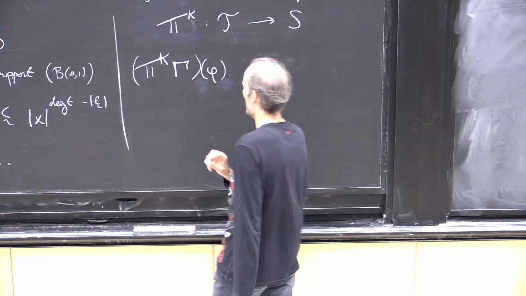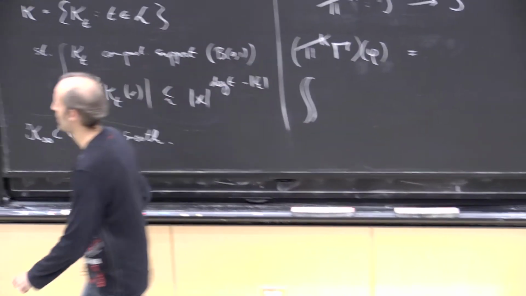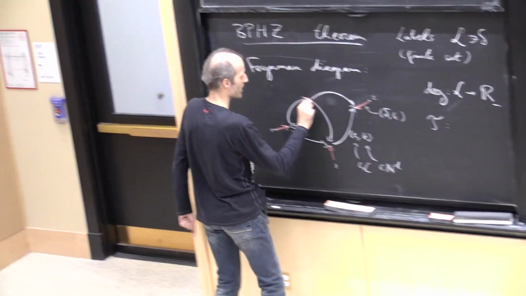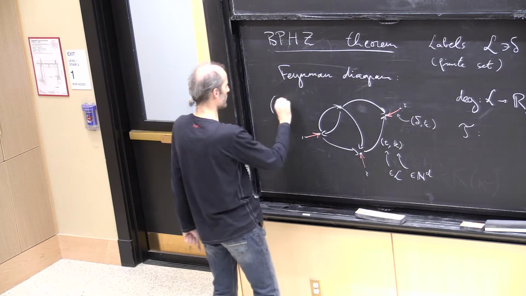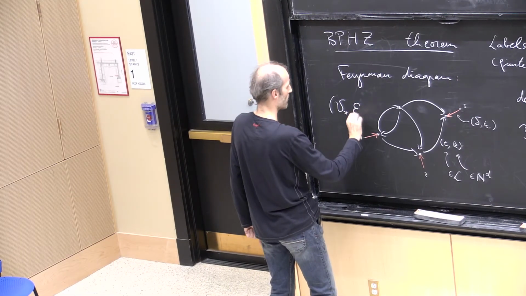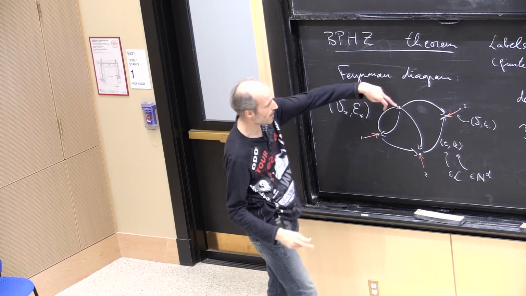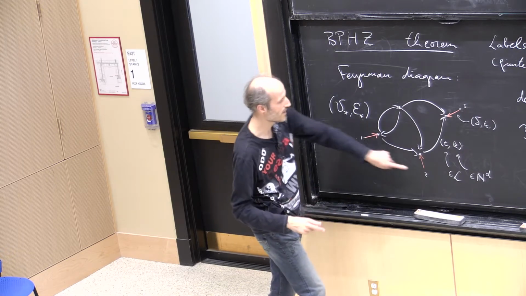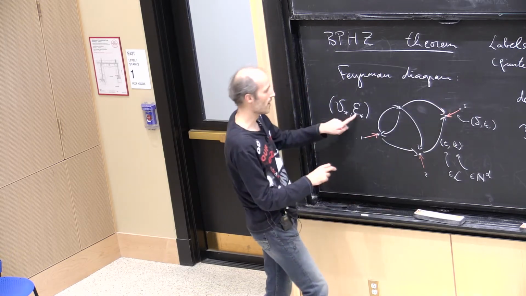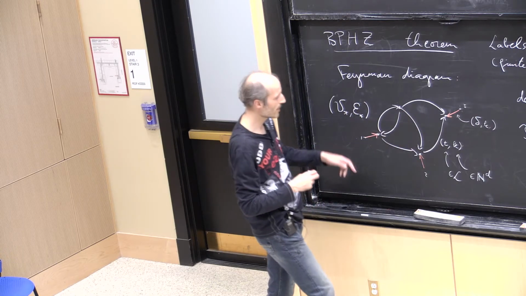And now the way you do it is you take a multiple integral over all, so let me call here, say, V star and E star. V star and E star are just the internal vertices here, so I don't count these guys. And E star, the internal edges, so the ones that are white and not the red ones.